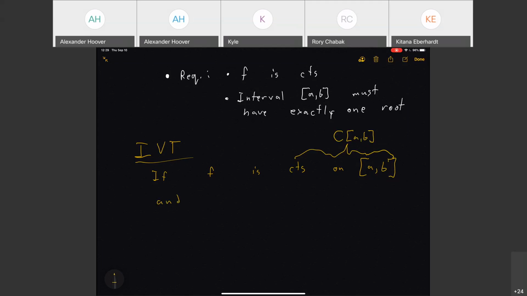And let's say that there exists an s, or rather, let's say like this, that s is between f of a and f of b.